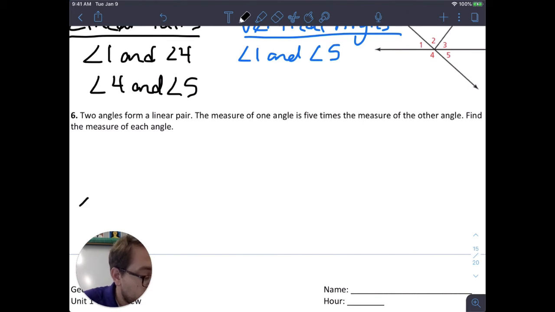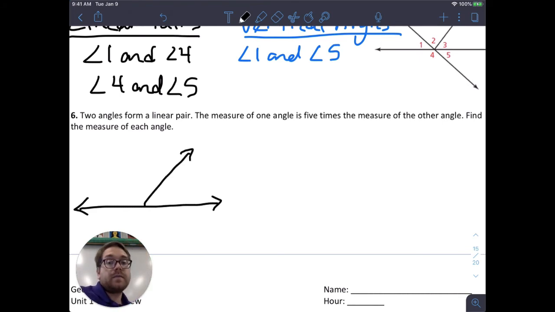So I know that I have 2 angles forming a linear pair. The other information I know is that the measure of one of the angles is 5 times the measure of the other angle. Let's call the measurement of one angle x degrees, because we don't know what it is.